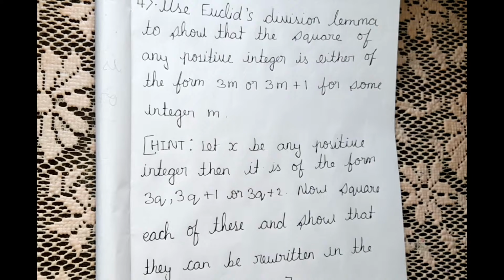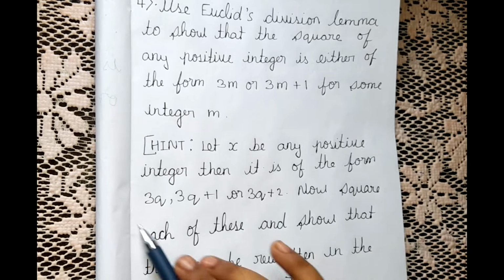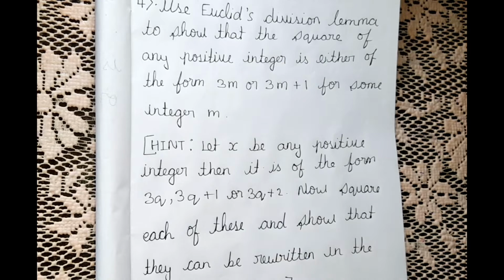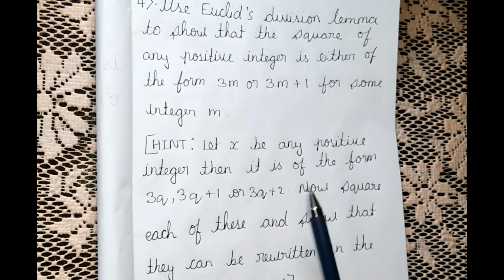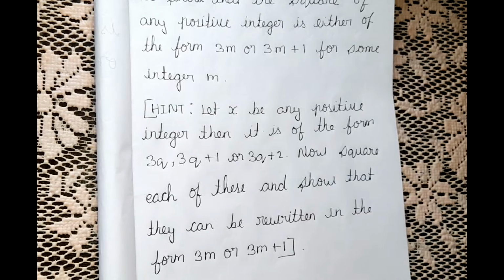After that, we have to square it. For example, 1 square means 1 into 1. Like that, we are going to be squaring each of these. After that, we are going to rewrite it in the form 3m or 3m plus 1, where we get a value for m. So, we are going to be taking the values and solving it. Okay, now let's get into it.